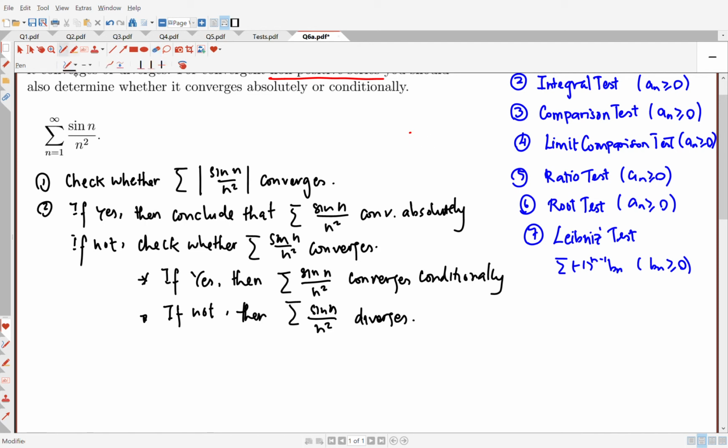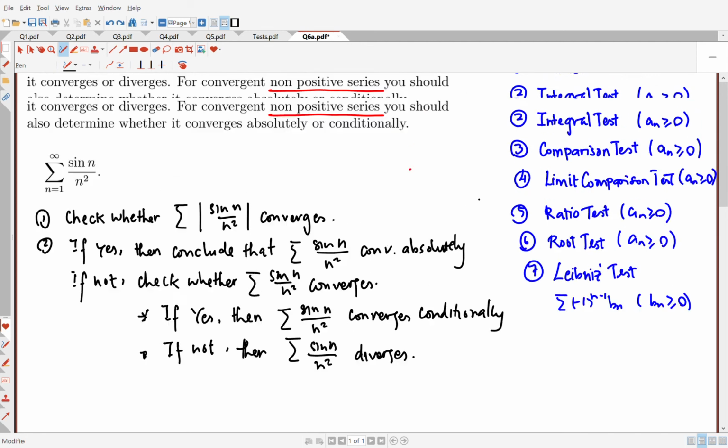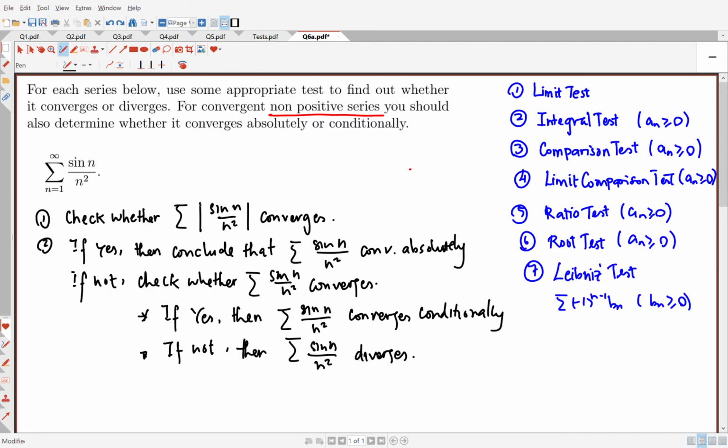So first, we want to check whether this converges. So what test should we use? Can we use the limit test? If we use the limit test, then what will happen?